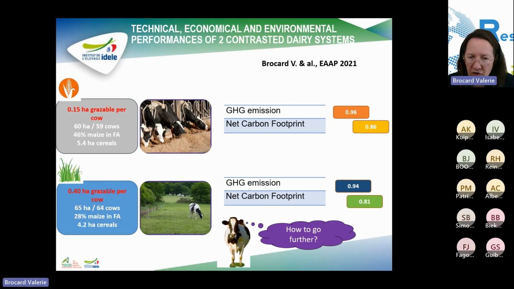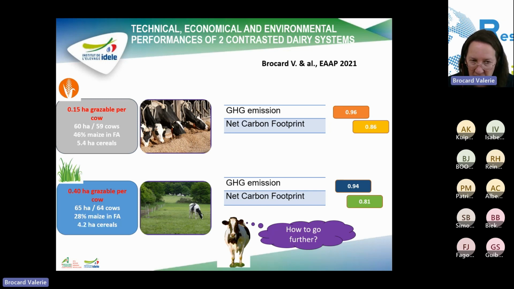Before implementing the low carbon strategy on this farm, we made an experiment during 6 years to compare two contrasted dairy production systems. We cut the farm into two separate farms. We had one production system based on maize silage with 0.15 hectare of grazable area per cow and 46% of maize in the forage area.